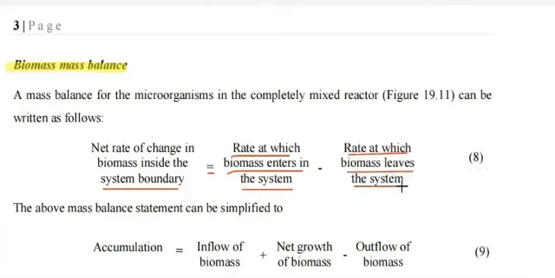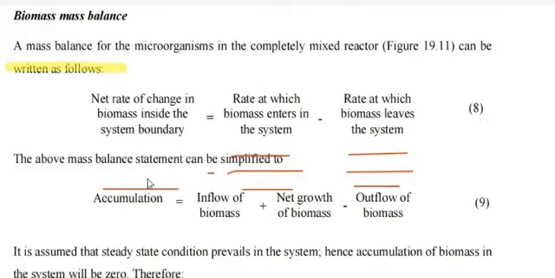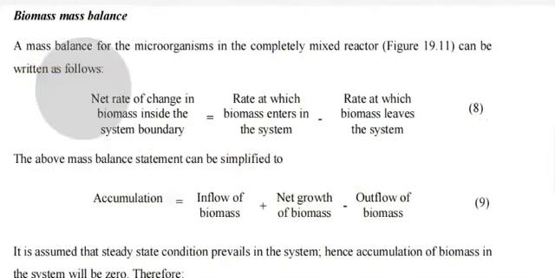We know that net rate is equal to the input minus output. So here we consider that. After that, the biomass balance system can be simplified. This is the general equation, and from that one, now we can simplify. How do we simplify it?